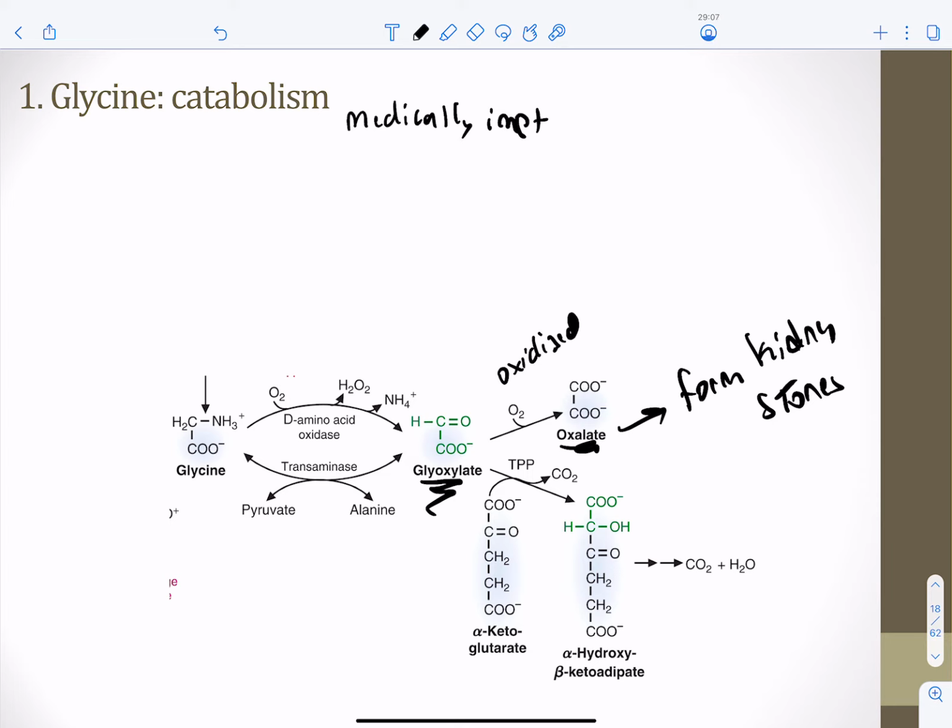Now it doesn't have to. You can still go through a transamination reaction, and you can get alpha-ketoglutarate to make an alpha-hydroxy-beta-keto-adipate, which can be broken down into carbon dioxide and water. But the main important medical side effect of all this is the formation of kidney stones through oxalate in the presence of oxygen.